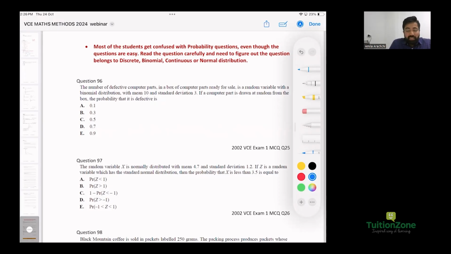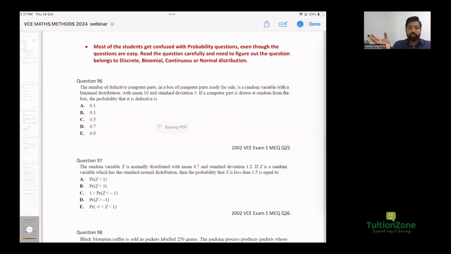Probability questions are easy, but easy enough to get confused by the wording. Like when you start, you get perfectly nice answers, everything fine, but maybe we're doing something wrong. Maybe it's actually a binomial question, and we thought it's something else. So it happens. That's why be careful.